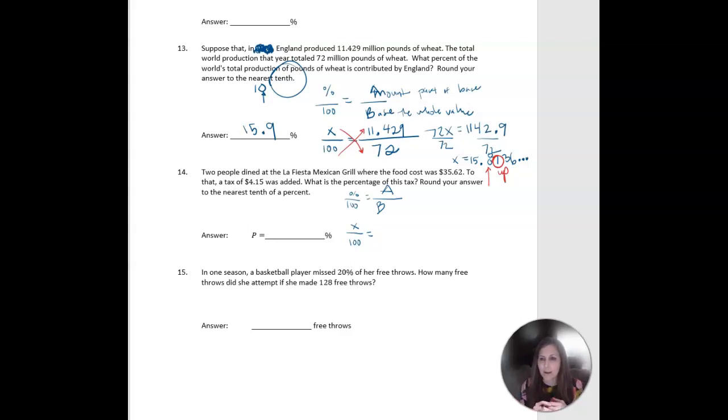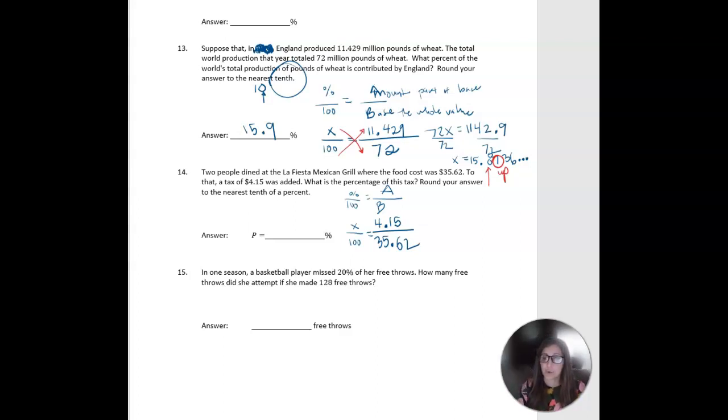So in this particular problem, that tax was part of the bill. It wasn't the whole bill, but it is an amount that is included in the bill. So $4.15 is the amount of the tax, and then the bottom number is your base, the base bill, or the cost of the base meal, is $35.62. I need to put my glasses on.